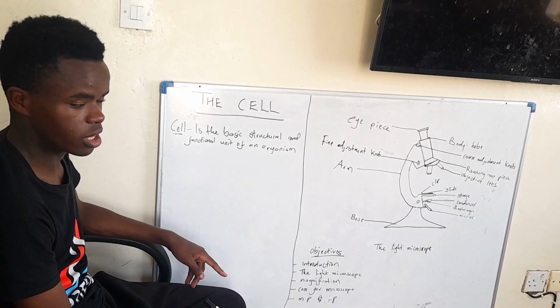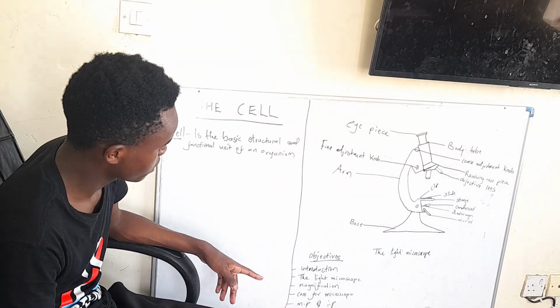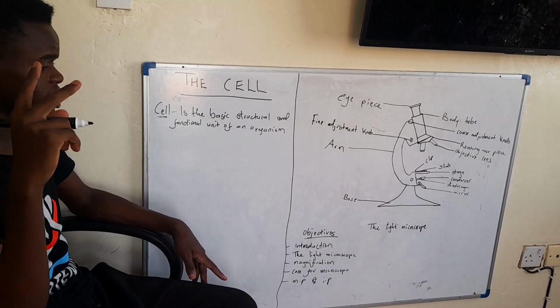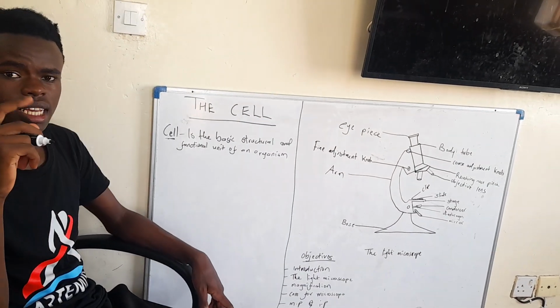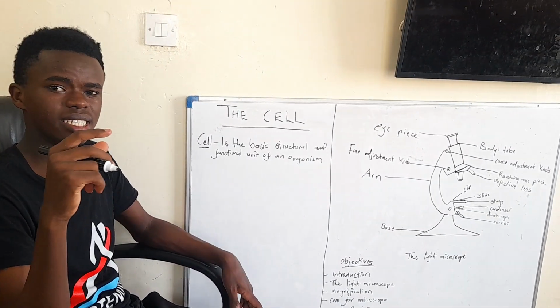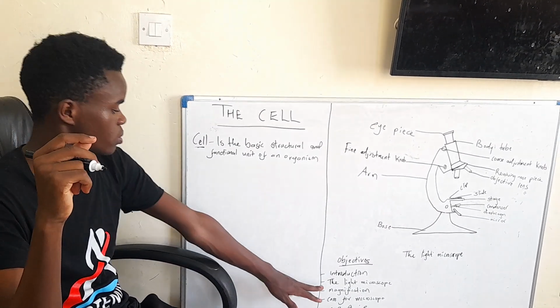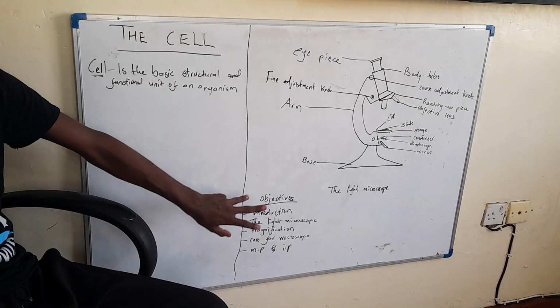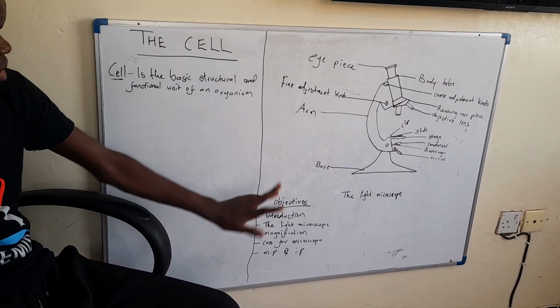Now we go to the light microscope. Remember, you have two types of microscopes: the light microscope and the electron microscope. But mostly in your schools, you'll find you're using the light microscope. So in this topic we're going to dwell more on the light microscope.